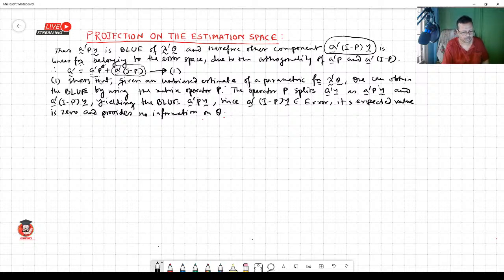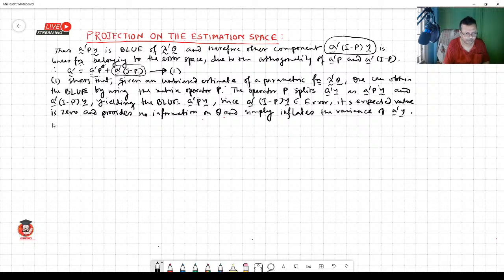So its expected value is 0 and it provides no information on θ, and simply this portion A'(I−P) inflates the variance of A'y.